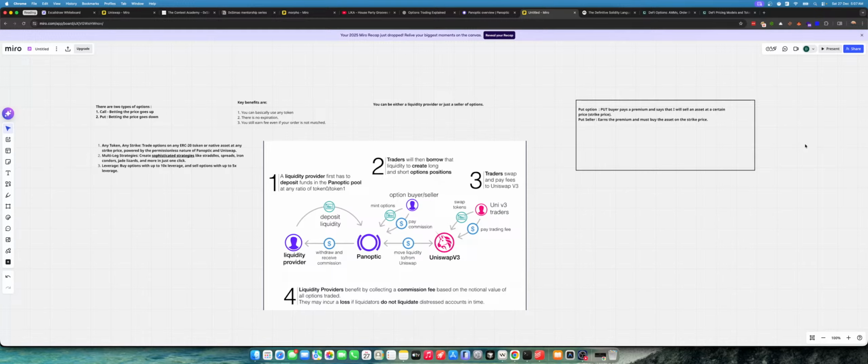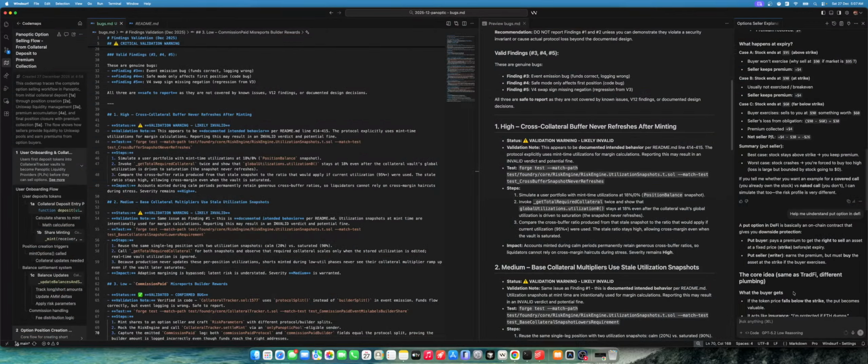And the put seller is saying that if the price goes down, I'm going to buy it at this price. But how is the put seller earning?